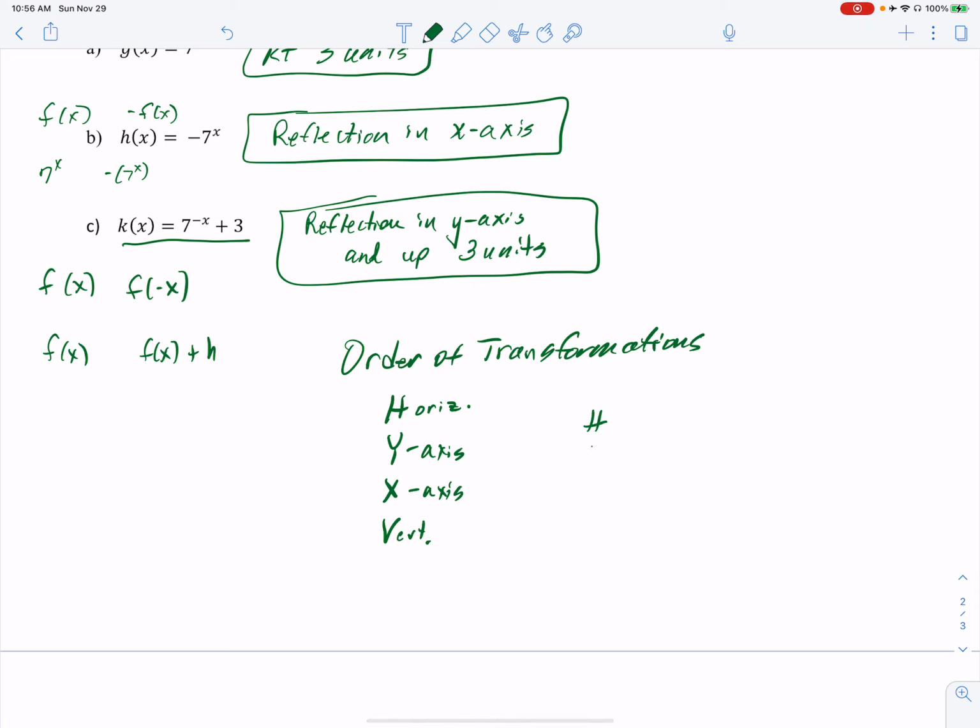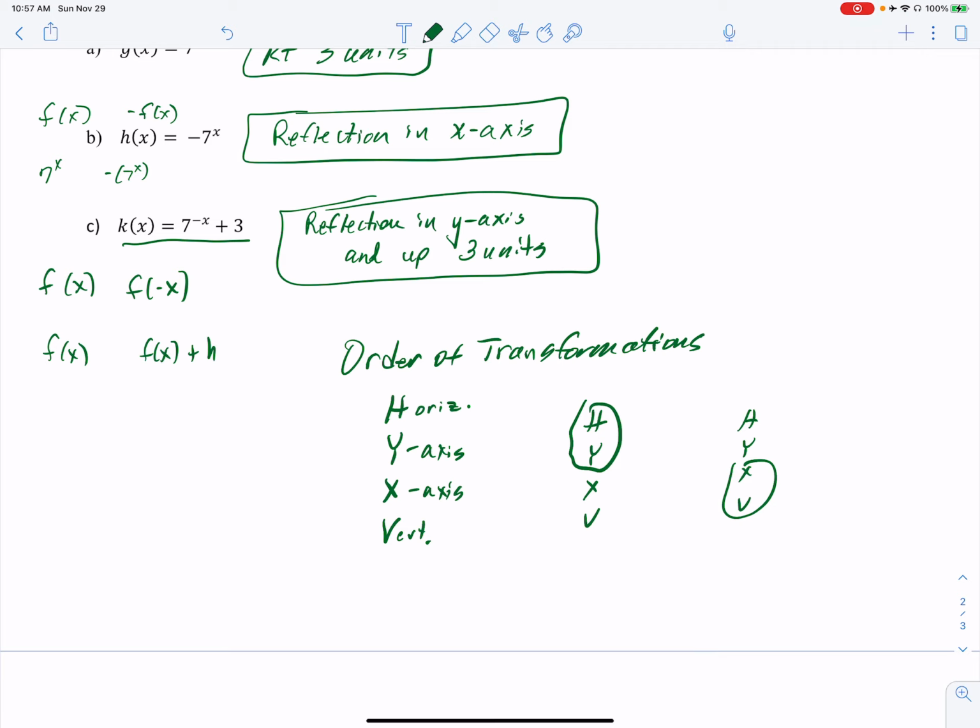Basically, if you do it in that order, that's going to be good, but especially if both horizontal and over the y happens, you must do horizontal first and then over the y. Do it in this order. And the other super important one, if both over the x and vertical movements are involved, you need to go over the x first, and then you can move it vertically.